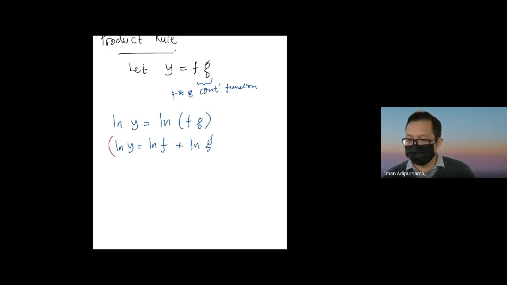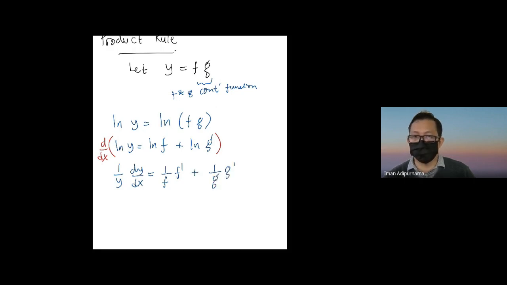And take the derivative implicitly, so this will be 1 over y times dy dx. And this will be 1 over f, and then it has the chain rule, so you need to multiply with f prime. It also has the chain rule for g.